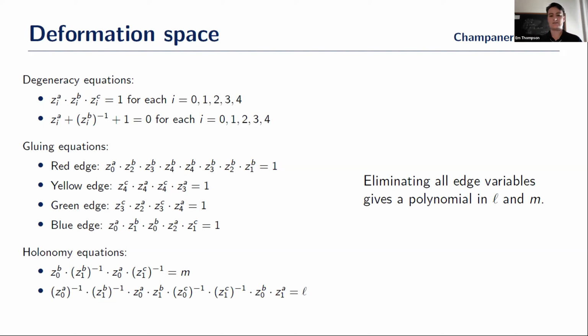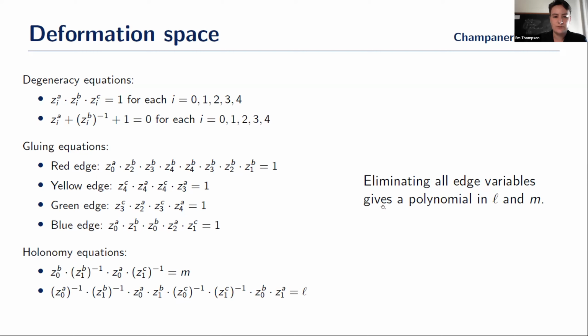We get this set of equations: the degeneracy equations, the gluing equations, and the holonomy equations, where this is equaling M and L, as I said. These are all constraints on the tetrahedron variables that must be met for it to be a hyperbolic structure, and L and M allow that flexibility for moving away from the complete structure.